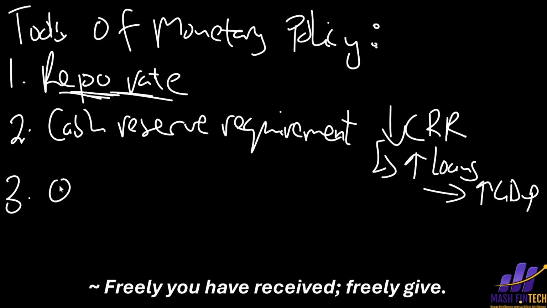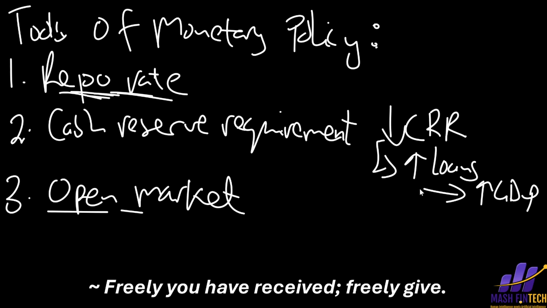Number 3, it's open market operations. I'm going to repeat these when we talk about the liquidity preference theory, but open market operations are the buying and selling of financial assets by the Reserve Bank in the open market. If the Reserve Bank wants to conduct expansionary monetary policy, this means they want to increase GDP.